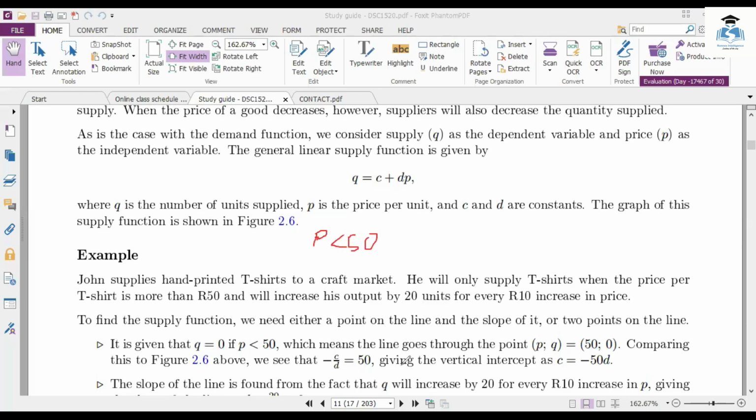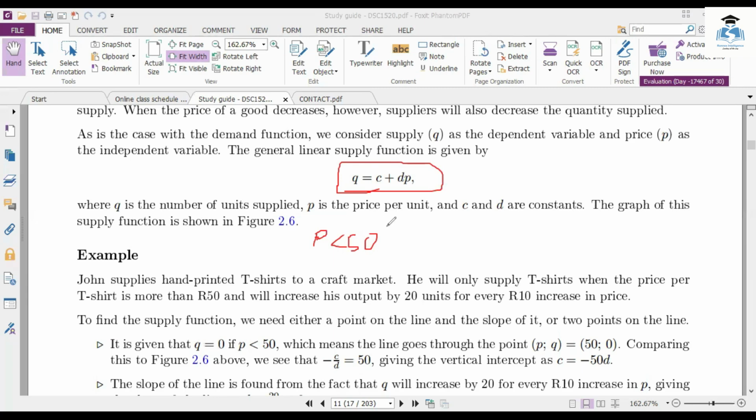We are comparing this with minus C over D, which is 50, giving the vertical intercept as C equals minus 50D. All right. So you are using this as the supply example, the equation for the supply.